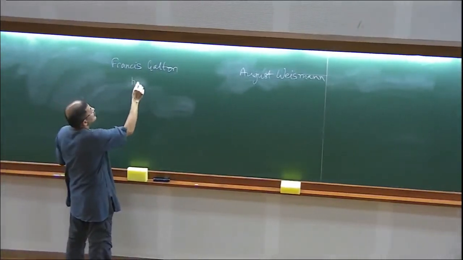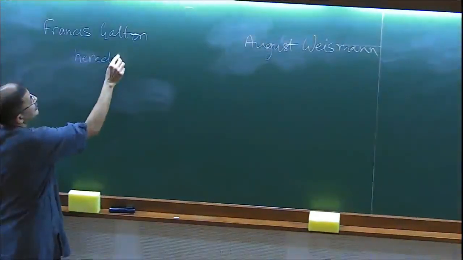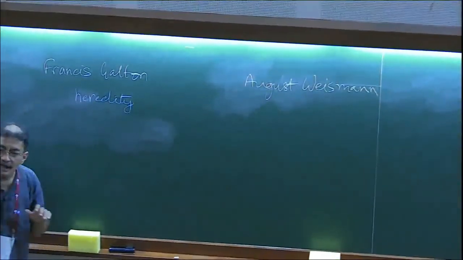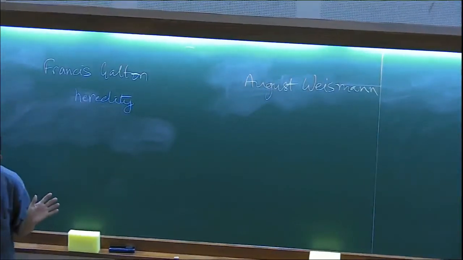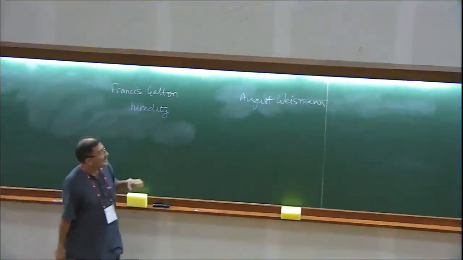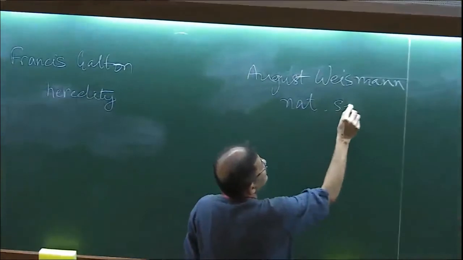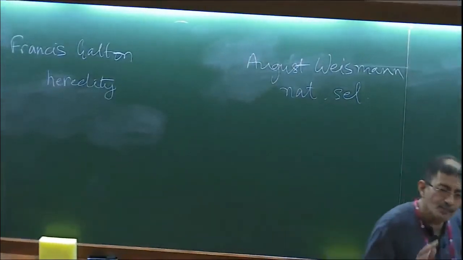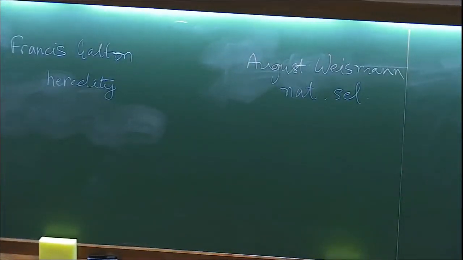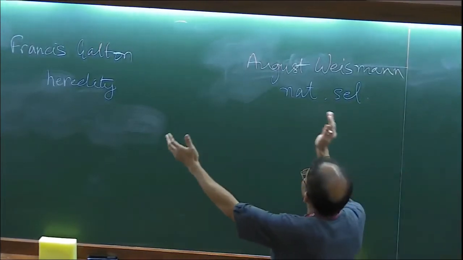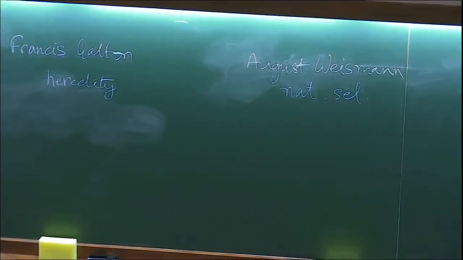Galton pretty much focused almost exclusively on heredity and denied a major role in evolution to natural selection. August Weismann focused almost exclusively on natural selection and almost denied a role to heredity in evolution. And these approaches set the stage for a lot of developments that eventually happened.